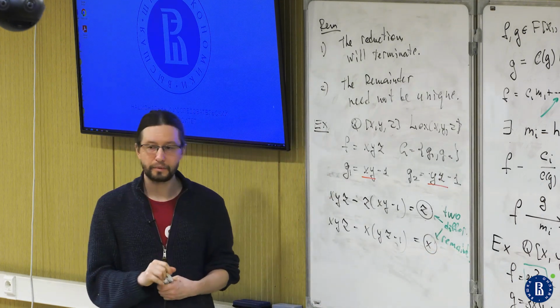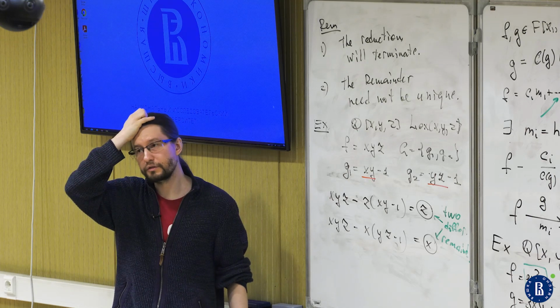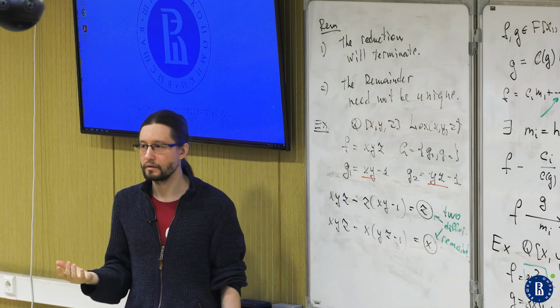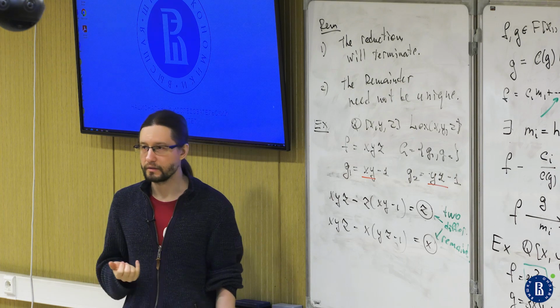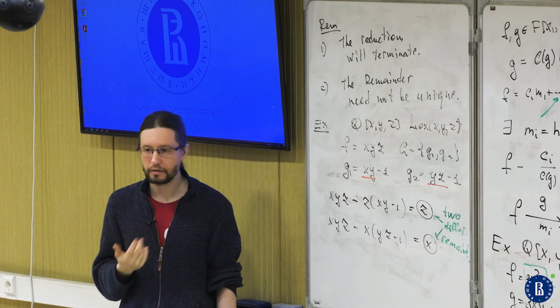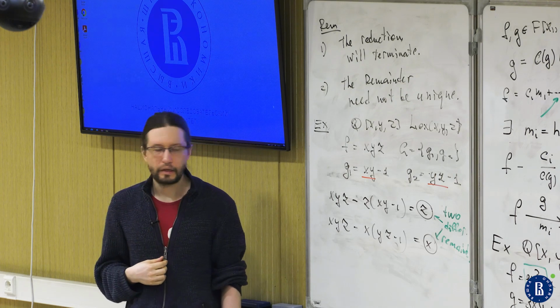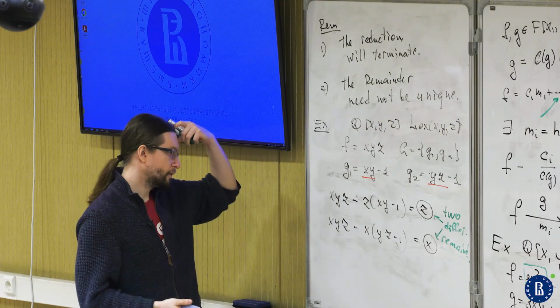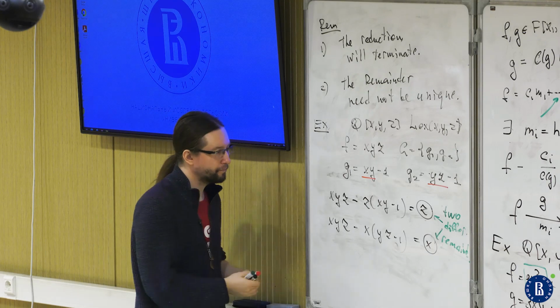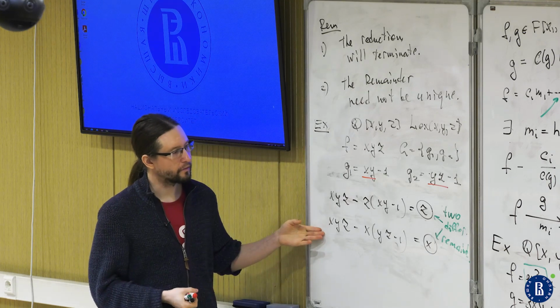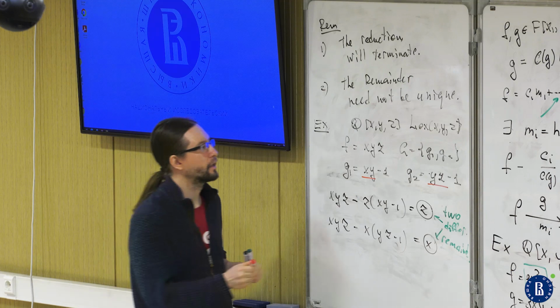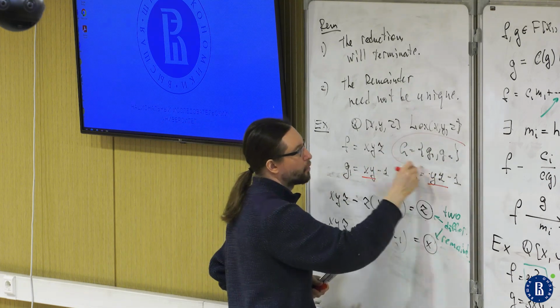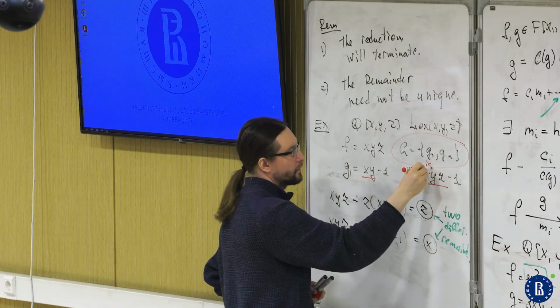So this is an example when you can reduce a polynomial by a set, and you will get two different remainders. So it's possible to have this anomaly. But the reason why we have two different remainders is because this set was bad. This guy is bad.